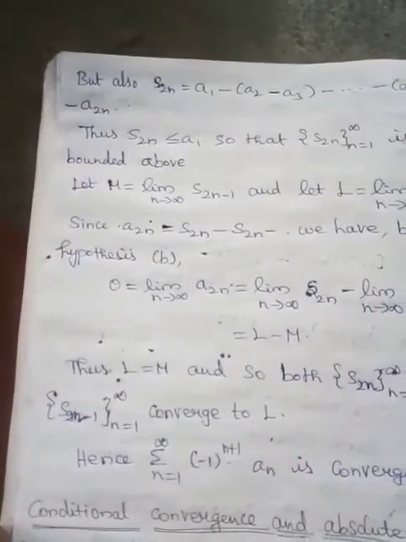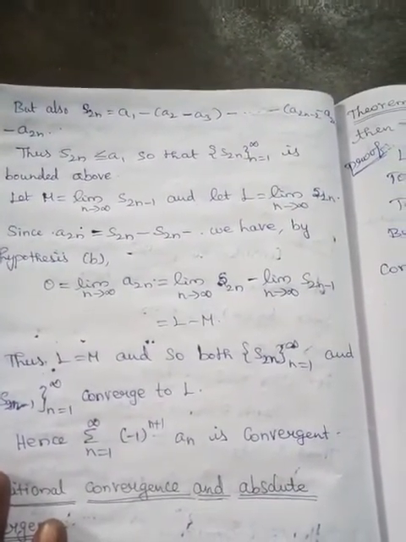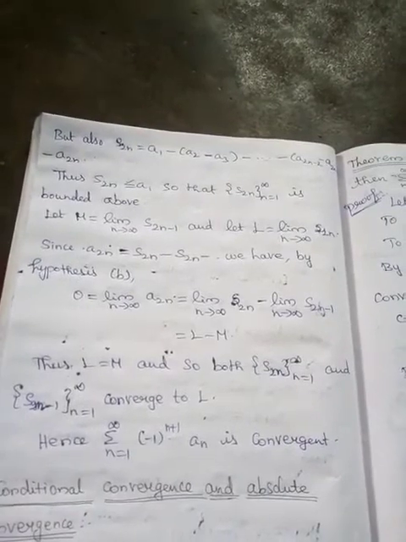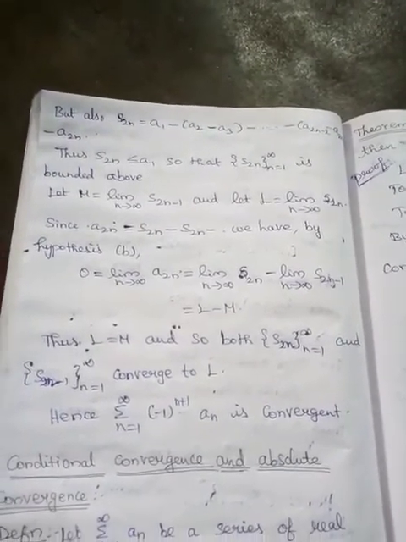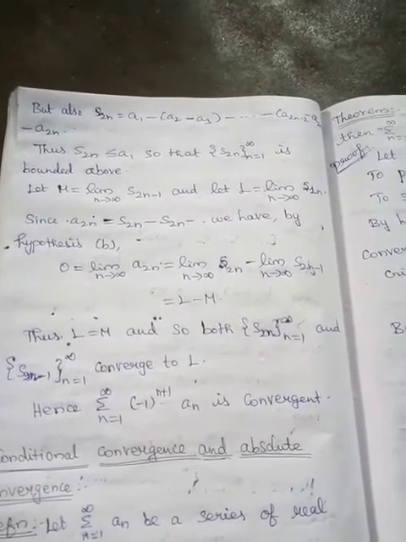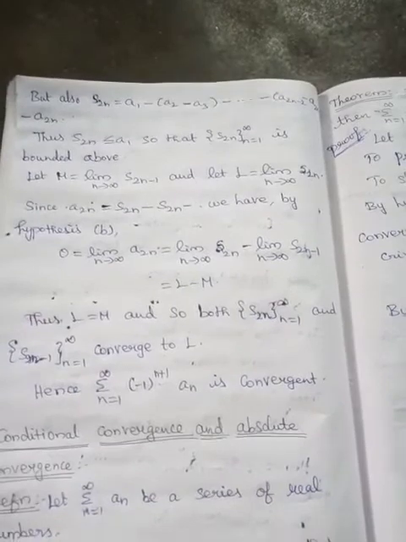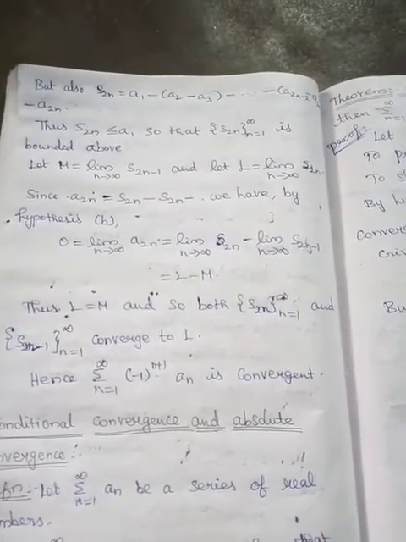But also s2n equal to a1 minus a2 minus a3, etc., minus a2n-2 minus a2n-1 minus a2n. Thus s2n is less than or equal to a1, so that {s2n}, n varies from 1 to infinity, is bounded above.